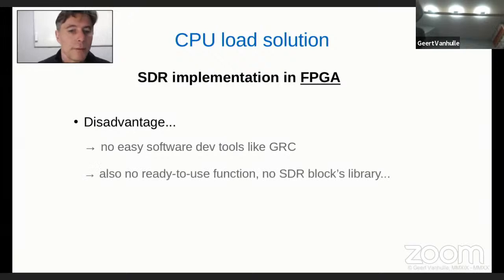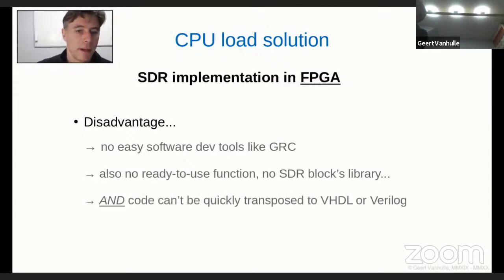So we don't have the ready blocks like the SDR block library, where we have a ready-written FM decoder, where we have QPSK modulators and so on. So libraries that we can just use to build our flow graph with. We don't have this in FPGA. And it's not something that we can easily transpose.